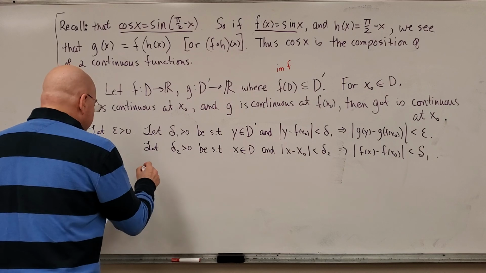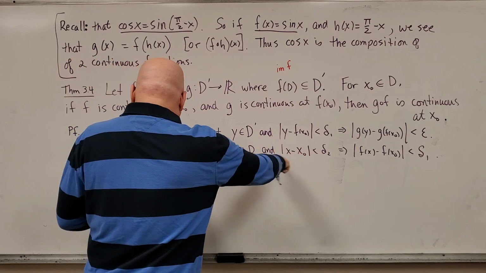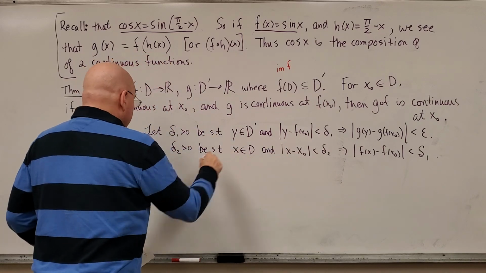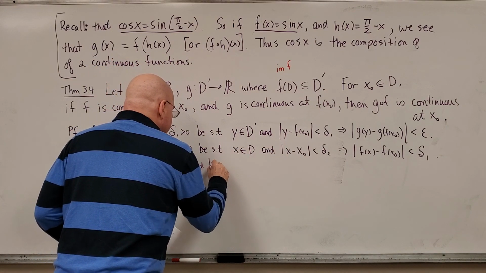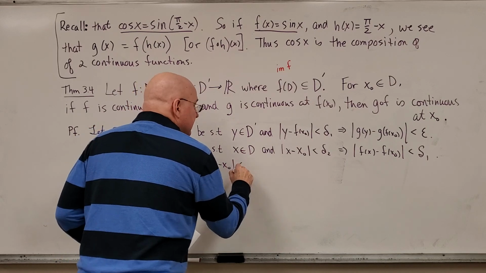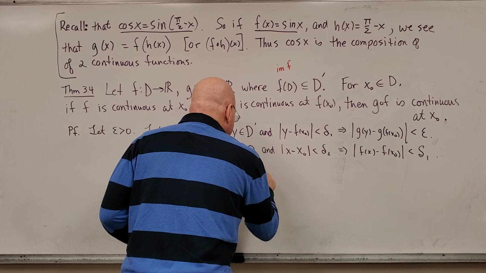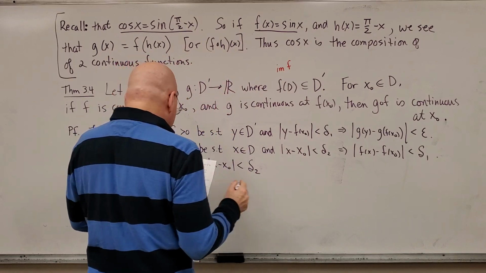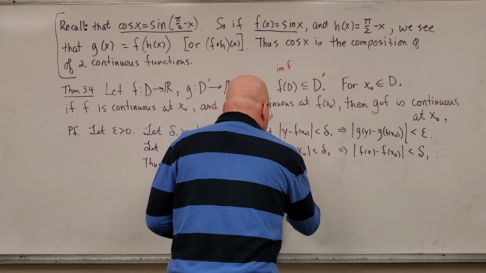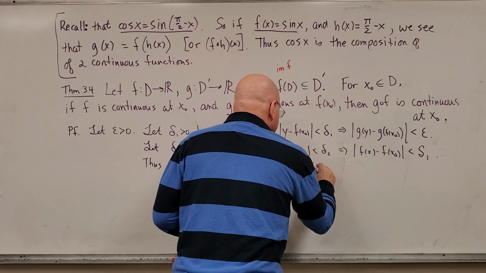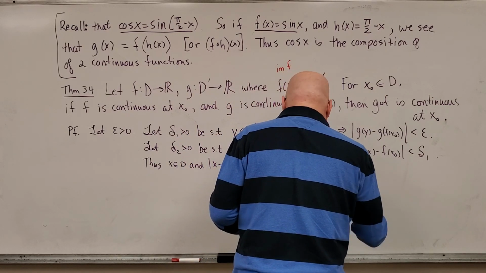All right, thus, let's just rewrite this right here. x in the domain and the absolute value of x minus x naught less than delta 2 implies this is less than delta 1.